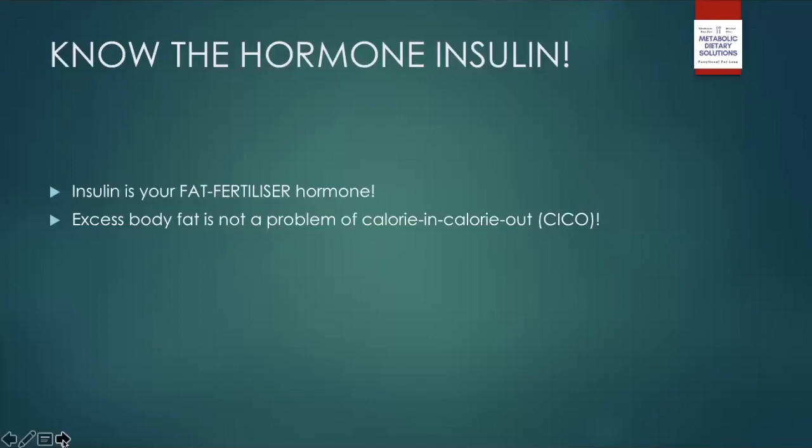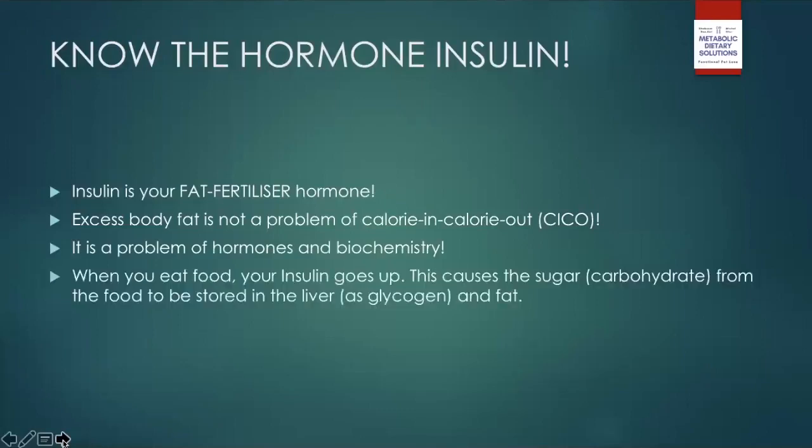And I said before, excess body fat is not a problem of calorie in, calorie out. It is a problem of hormones and biochemistry. So, when you eat food, your insulin goes up. Now, this causes the sugar, that is carbohydrate from the food, to be stored in the liver as glycogen and as fat. Now, the liver has a certain, defined capacity for storing glycogen.